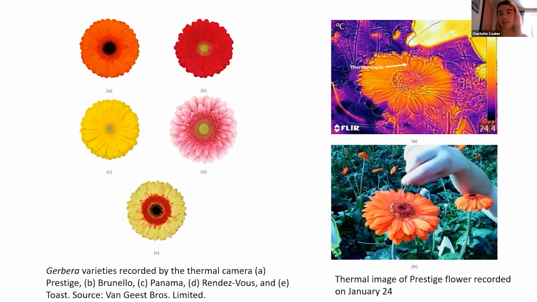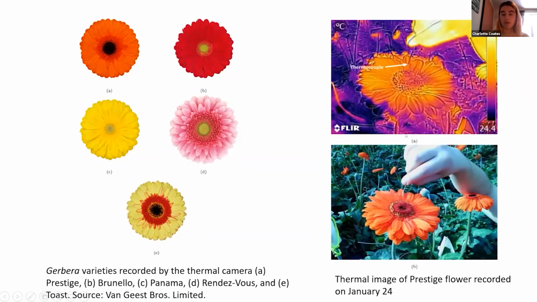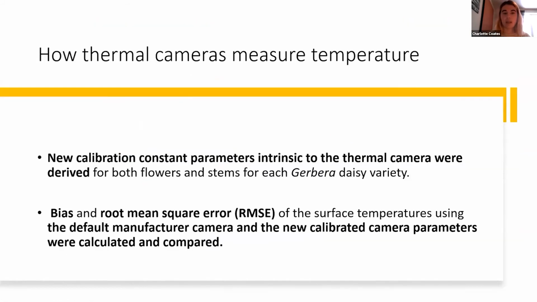It's hard to say here because I haven't actually done the analysis on this exact photo, but you can see that the flower is warmer than the surrounding stem and leaf tissues, and you can see where the thermocouple has been placed.